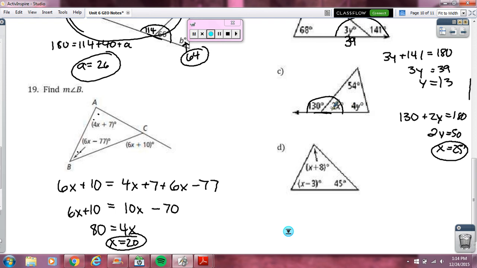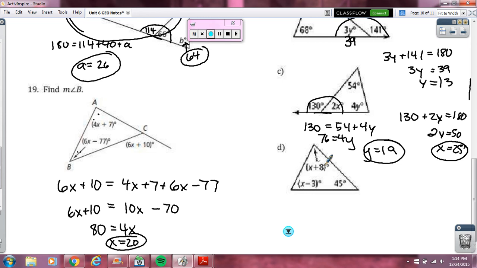And then same thing with exterior angle theorem. 130 should be what I get from the two remote interiors added together. 130 minus 54 is 76. And then dividing by 4, I get that y is 19.